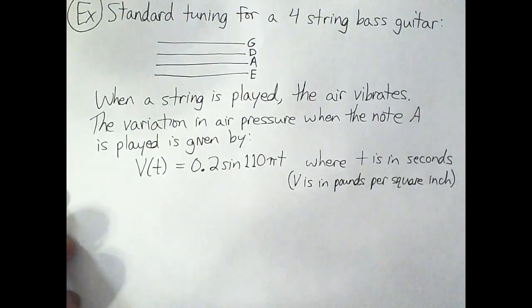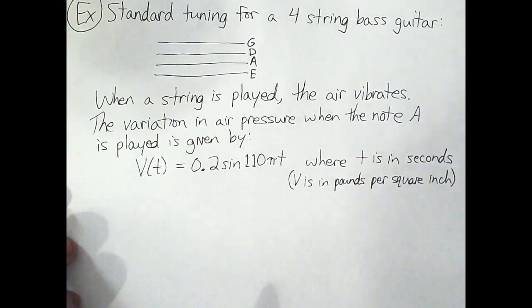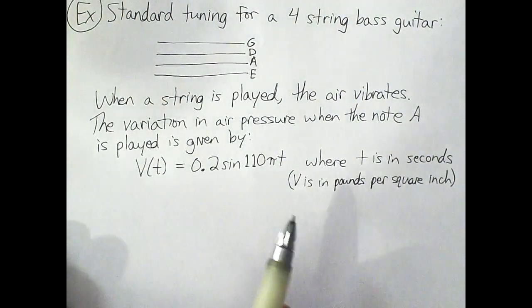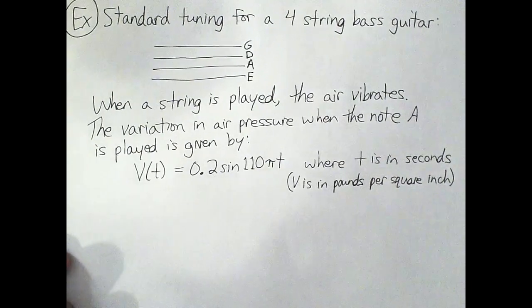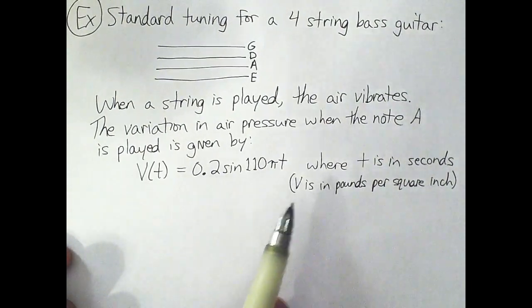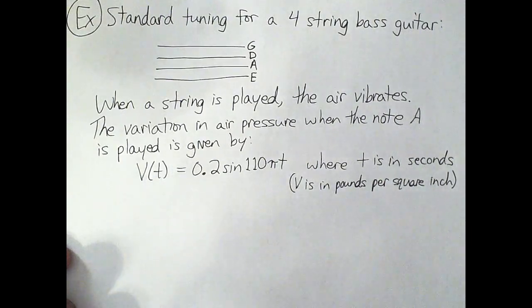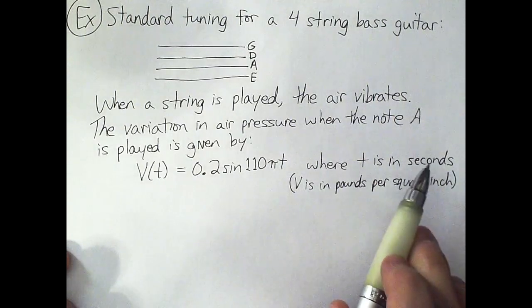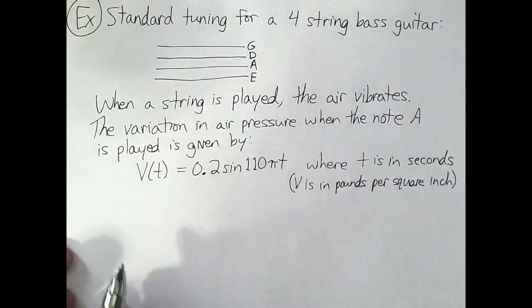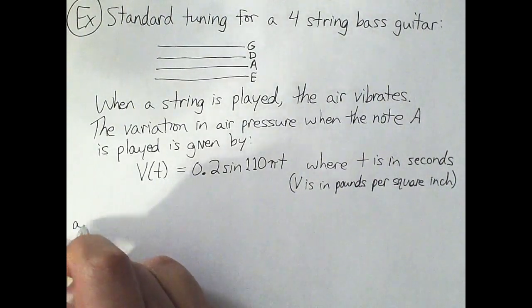This is a math class, not a physics class. We don't really talk about variation in air pressure very much, but just for this problem, in case anyone was wondering, v is measured in pounds per square inch. What's more important to us is just knowing that t is in seconds and this is the formula. So now I can ask us some questions about this.